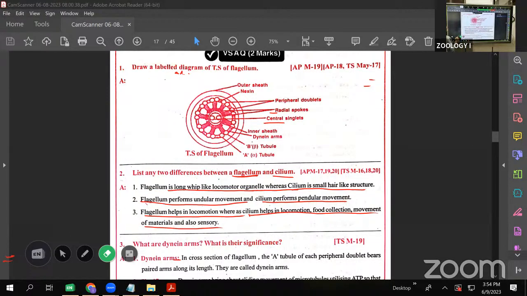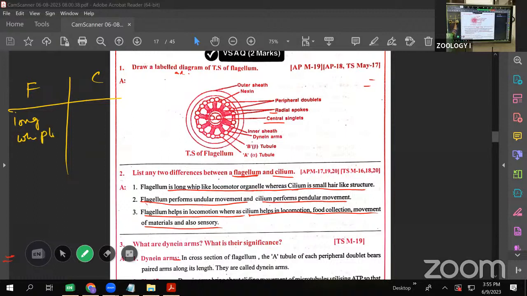So many differences are there, but here only 3-4 are given, and only those are important. First the flagella, I'm writing F for the flagella, C for the cilia. This is long whip-like. These are the first point, long whip-like, you write down.